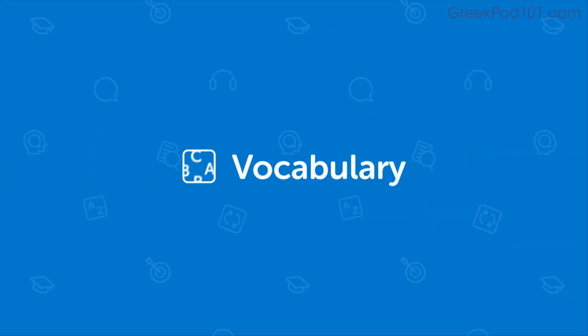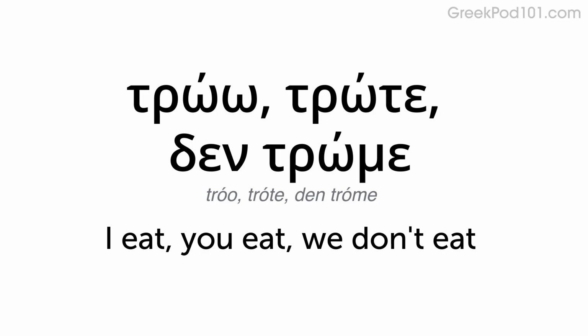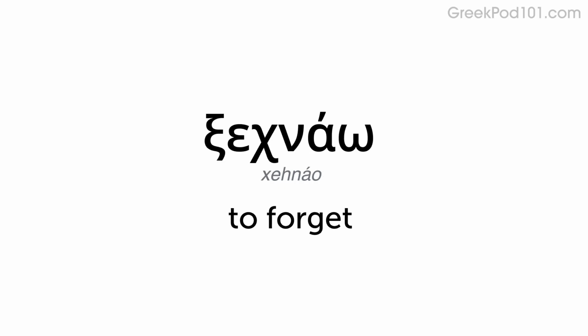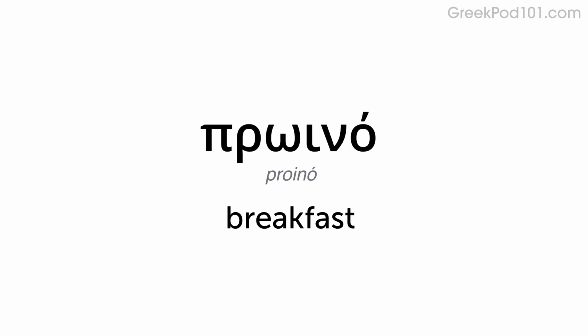Now you will hear the key vocabulary, followed by the English translation. Φεύγουμε. We leave. Τρώω, τρώτε. I eat. You eat. Δεν τρώμε. We don't eat. Πρώτα. First. Ξεχνάω. To forget. Πρωί. Morning.